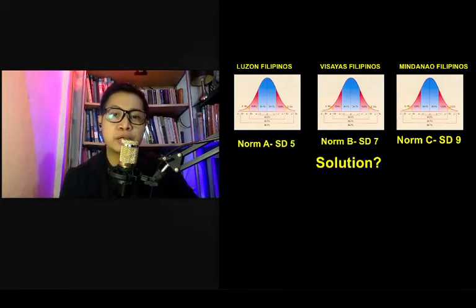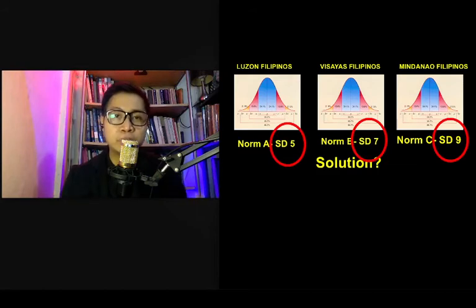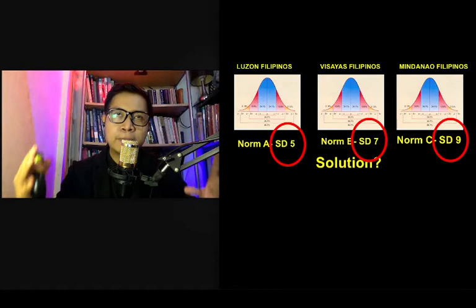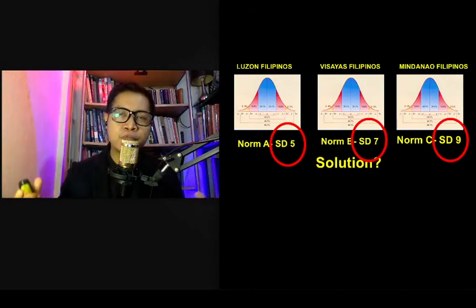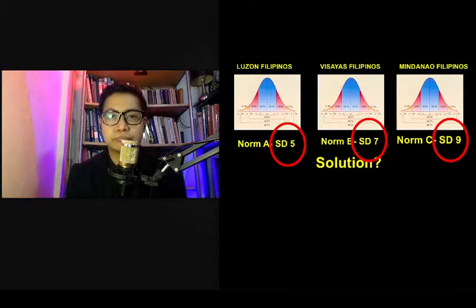Ang solusyon dyan, i-combine mo. I-combine mo yung iba't ibang mga performances ng iba't ibang mga tao in the Philippines. In this case, i-combine mo yung general performance ng Luzon population, Visayas population, Mindanao population. And in connection to what we're talking about right now, how do you do that?